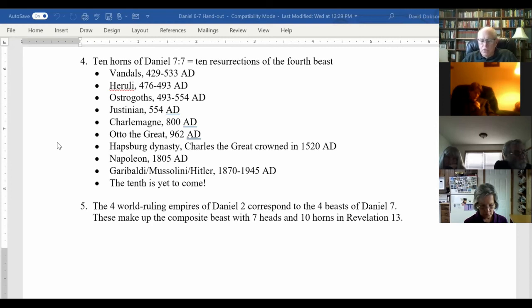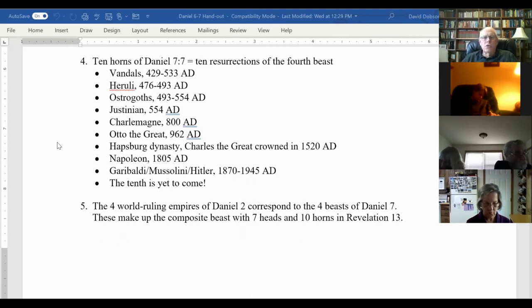So, verse 23, thus he said, the fourth beast shall be a fourth kingdom on earth. So there he makes a connection. All of these we're talking about kingdoms that would reign on the earth. This is the fourth one, which shall be different from the other kingdoms, shall devour the whole earth, trample it, break in pieces.